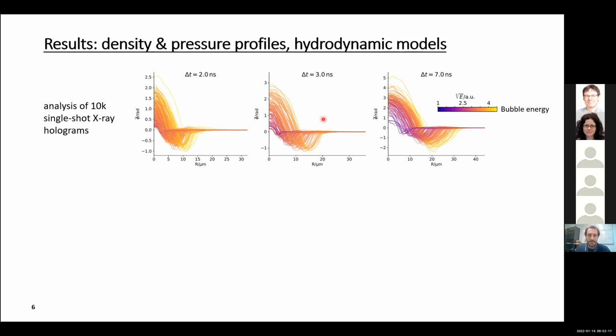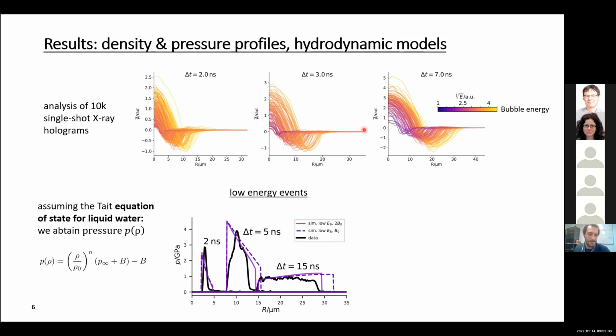And we also see, looking at the color scale here, which represents different bubble energy for each event, that, for example, higher energy events propagate faster and, of course, also have a higher contrast.